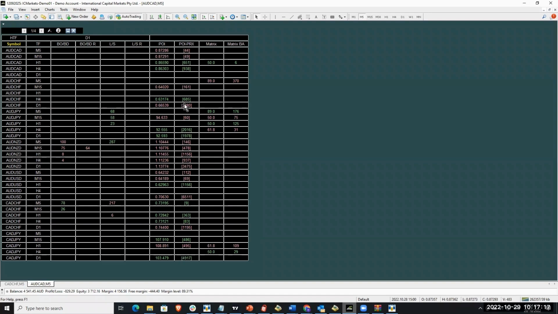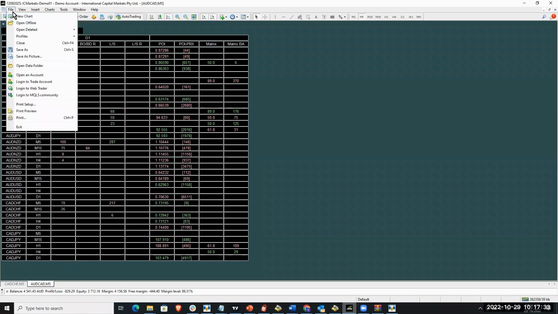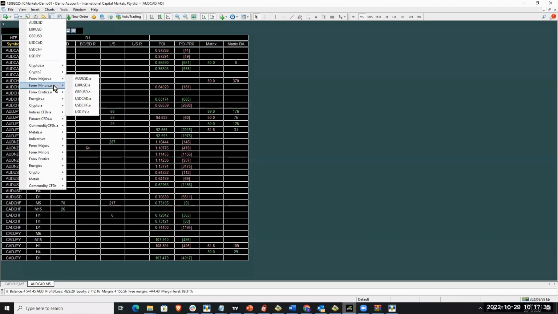The point of interest is our bread and butter type of trade setup. It gives us a scan of the entire market on every single time frame which we choose here. One example I can give you is Australian Canadian dollar on the M5 time frame. So let's open a chart for Australian and Canadian dollar.